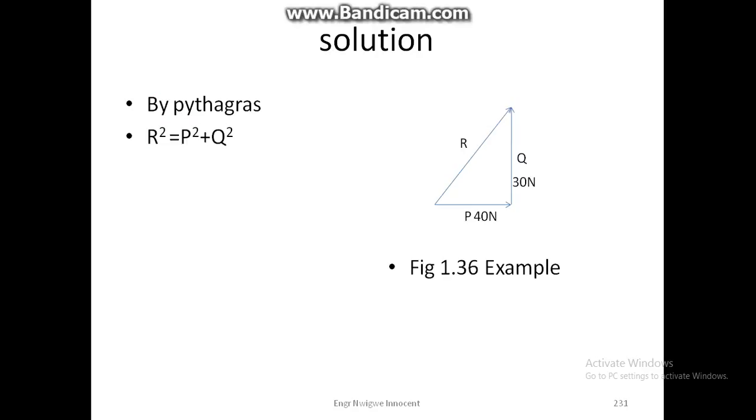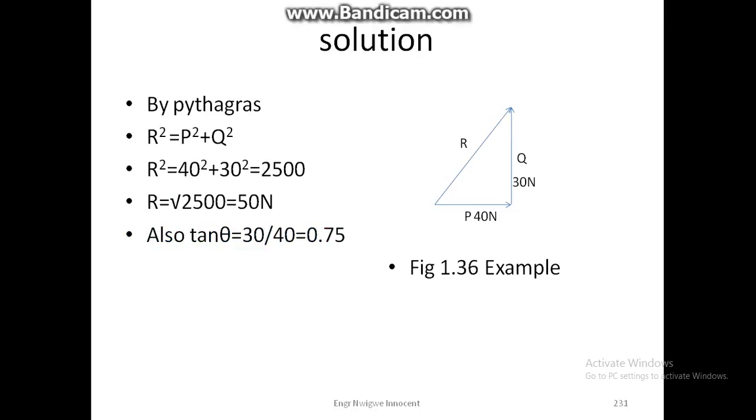R squared is equal to P squared plus Q squared. R squared is equal to 40 squared plus 30 squared, which is equal to 2,500. R, square crossing over, becomes the square root of 2,500, which is 50 Newton.